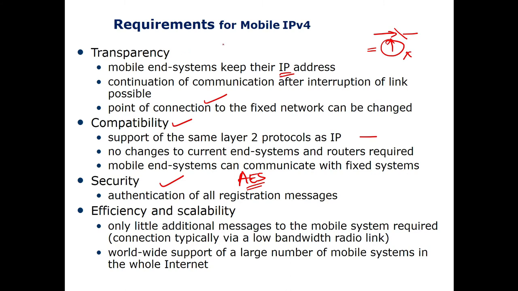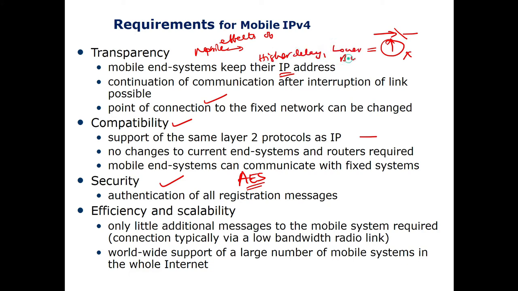So what are the requirements? Why is it needed? It is needed for transparency. When the system is moving, that means when it is mobile, the effects of mobility result in higher delay and lower bandwidth.